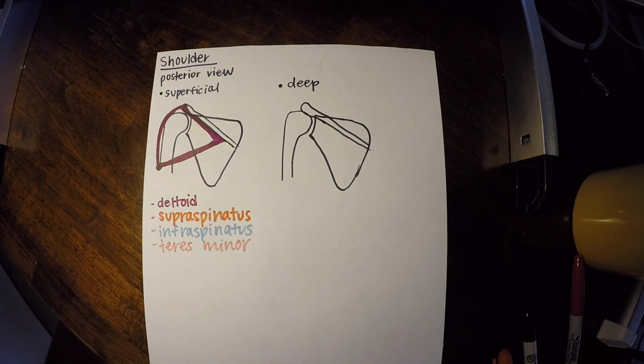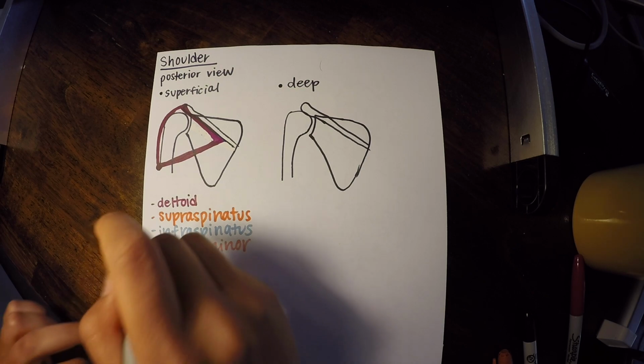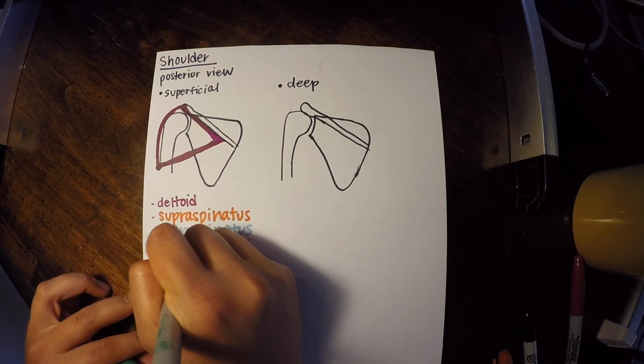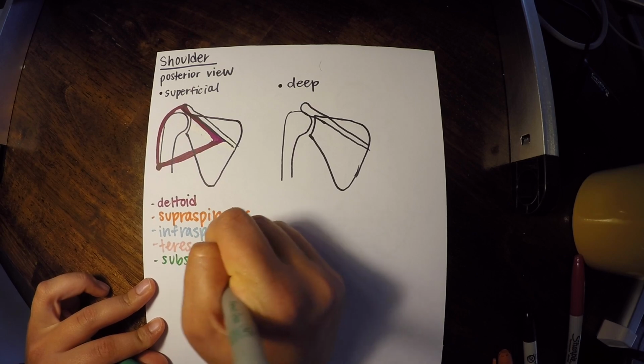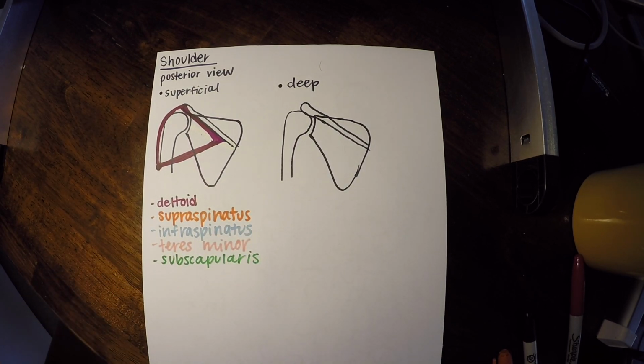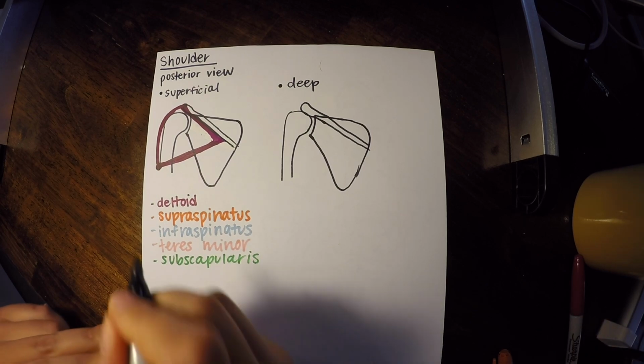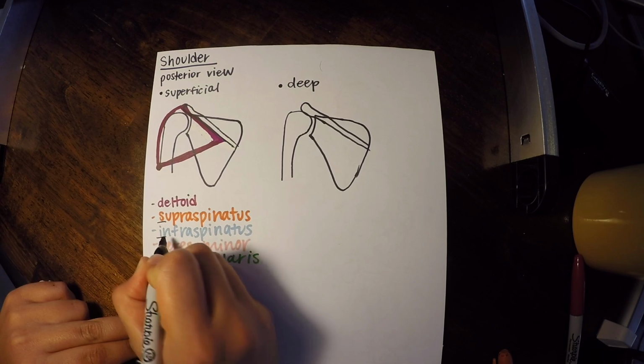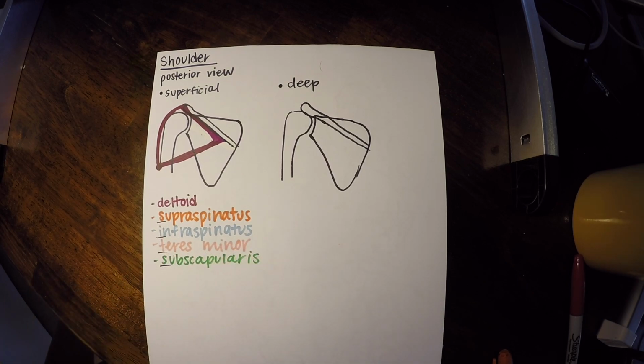And then lastly, Subscapularis. Now the reason I wanted to write them all out first is because I want you to use this handy acronym, and it's SITS, S-I-T-S. So those are our 4 rotator cuff muscles. Now let's actually draw them in.